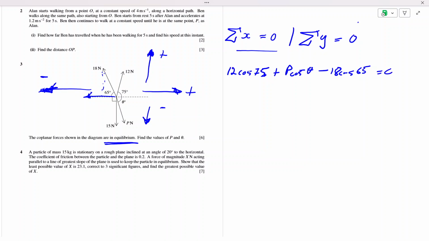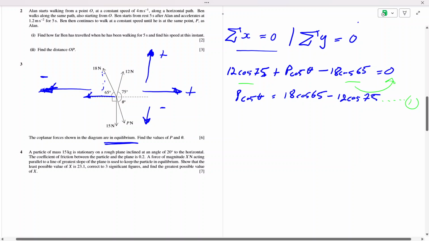And then that is going to be equal to zero. Then I'm going to simplify, take these two to the other side. Then I have P cos theta is equal to 18 cos 65 minus 12 cos 75. And that will be equation 1.